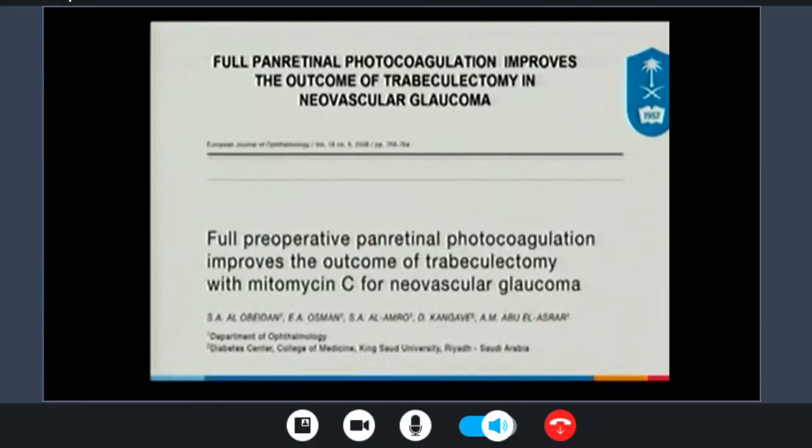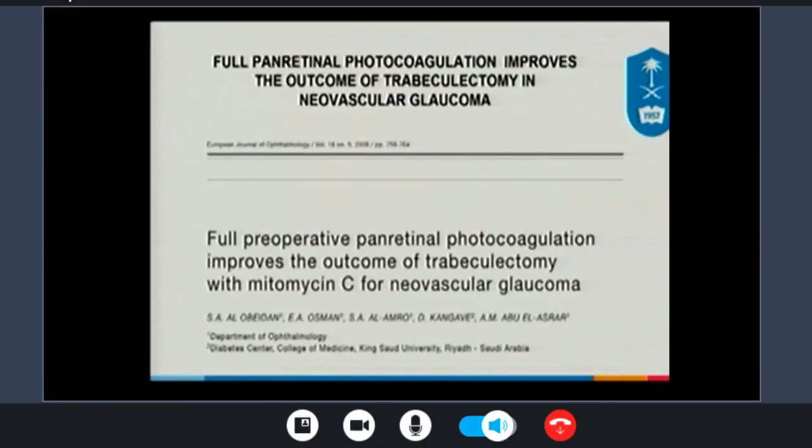It was reported 10 years ago: full preoperative panretinal photocoagulation improves the outcome of trabeculectomy with mitomycin C for neovascular glaucoma, before anti-metabolites became commercially available.